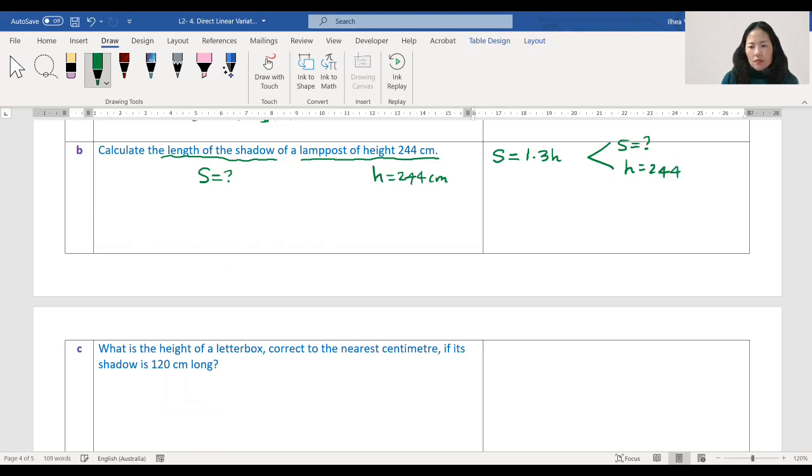I'm just going to substitute in. S, I don't know, equals 1.3 times h, which is 244. Now put all that in your calculator. It'll be 317.2. Don't forget the unit, centimeters. So that's what we're going to get.